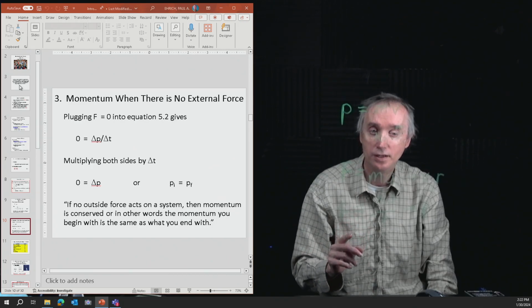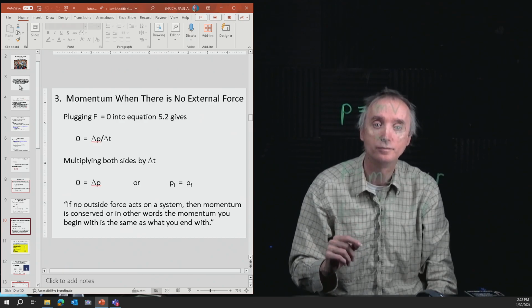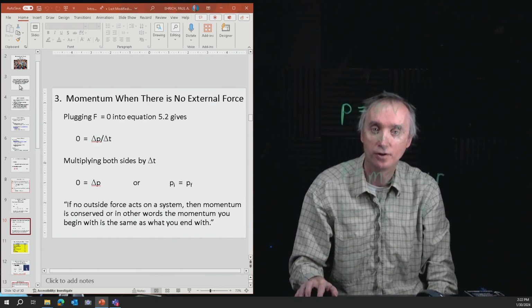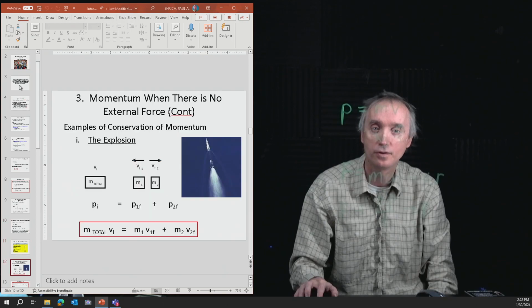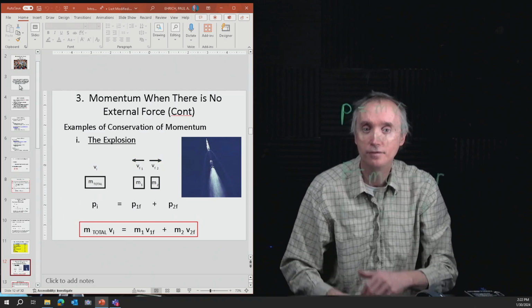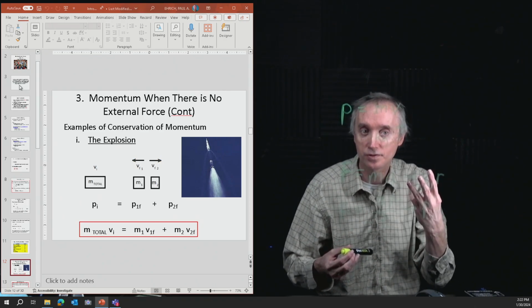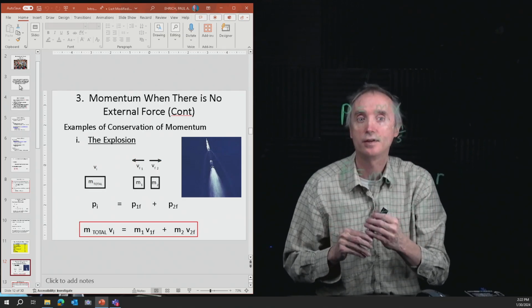Now there's 3 applications of conservation of momentum. So let's take a look at them here. The first one is going to be the explosion. Every single one of these three applications starts off the same way.